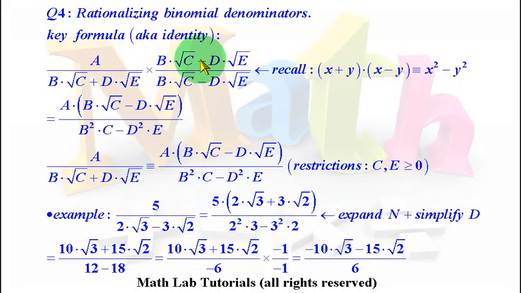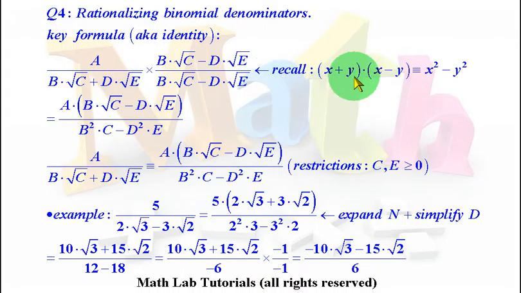So we're going to multiply top and bottom by the conjugate. On top, we have a bracket, b root c minus d root e. That's no problem whatsoever. On the bottom, like I said, we have an apple plus a banana times an apple minus a banana. That's of the form x plus y times x minus y. When you expand x plus y times x minus y, being conjugate pairs, we get a difference of squares, x squared minus y squared. Now we identify the x as b root c, and we identify the y as d root e.